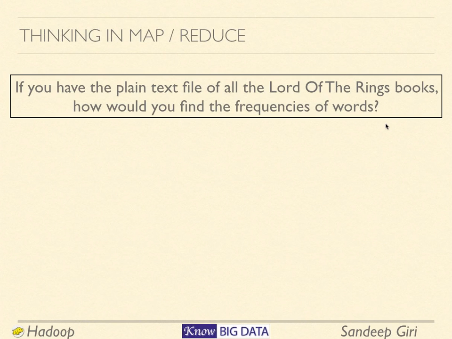Great. Arun's answer is to create a hash table with the words as keys and the value as count. Perfect. So basically we are starting to count words, and the general way is to have a hash table. In that you put the word as the key and then the value.